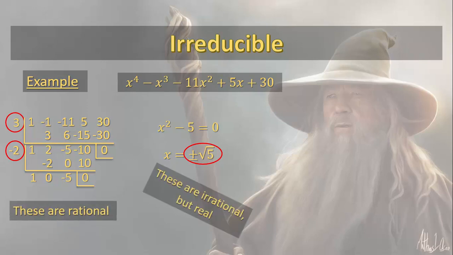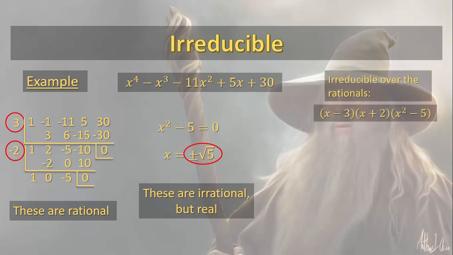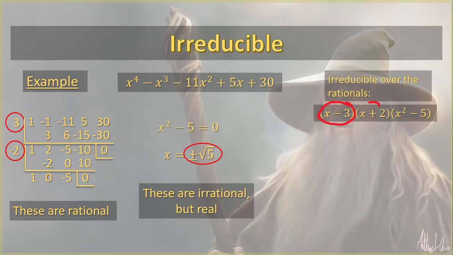The first set was rational, the second was irrational but real. So if I'm asked to factor it irreducible over the rationals, that means I separate each rational factor and I leave the rest like that.